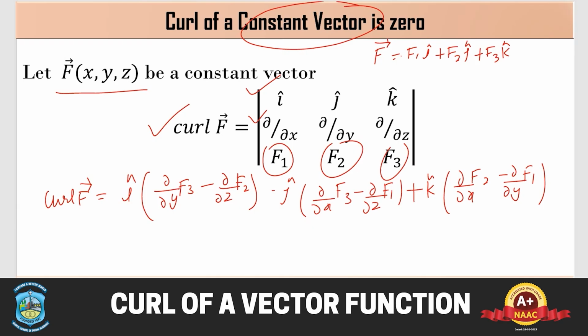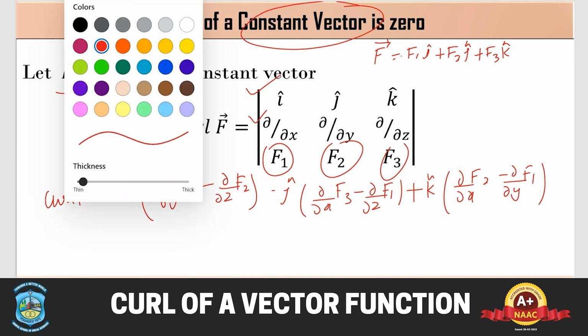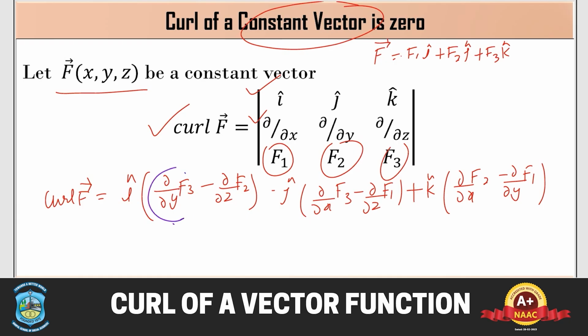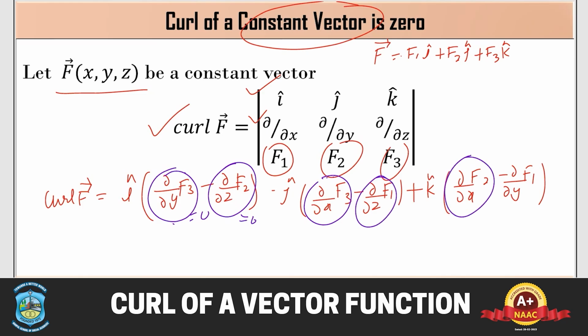Now, as those partial derivatives of f1, f2, f3 are 0, all these values, del f3 by del y equal to 0, del f2 by del z is also equal to 0, and likewise the other partial derivatives of f3 with respect to x, f1 with respect to z, f2 with respect to x and f1 with respect to y, all these values are 0.